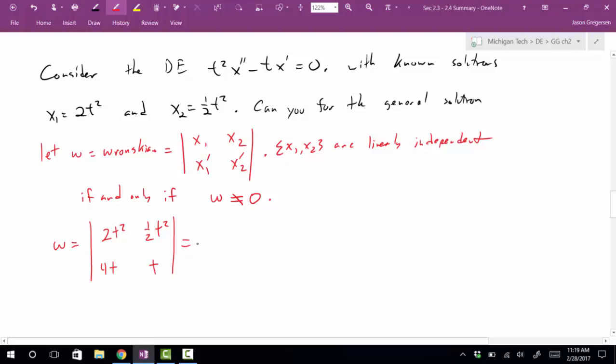And remember from linear algebra, the determinant of a 2 by 2 is this product, which would be 2t cubed, minus this product, which would be 4 times 1/2, which is 2 times t cubed. And sure enough, I get 0, identically 0. And so that tells me that these are linearly dependent, not independent. Which we expected. Questions about the process, though?